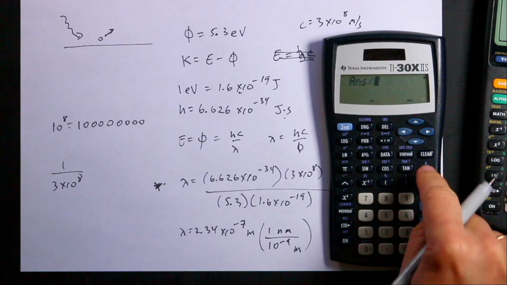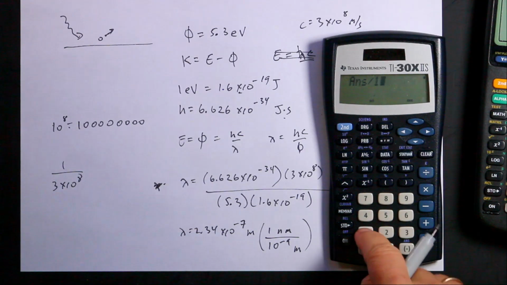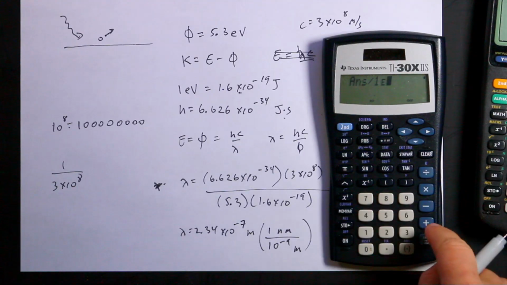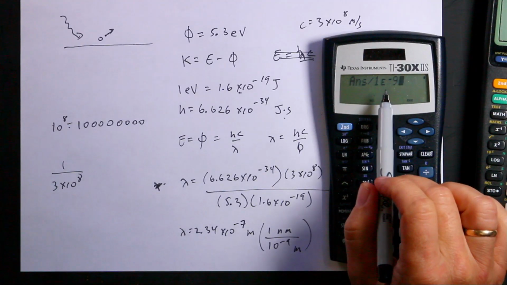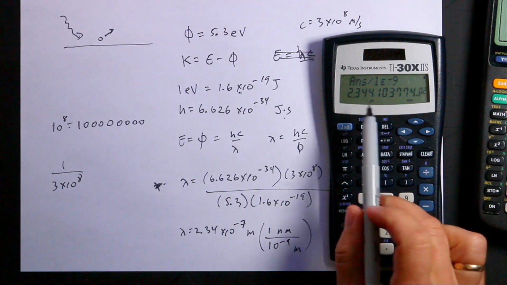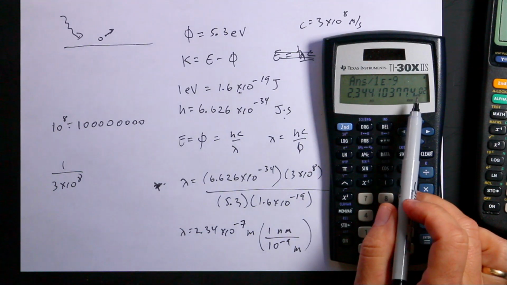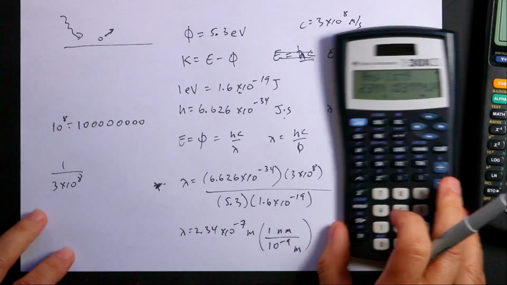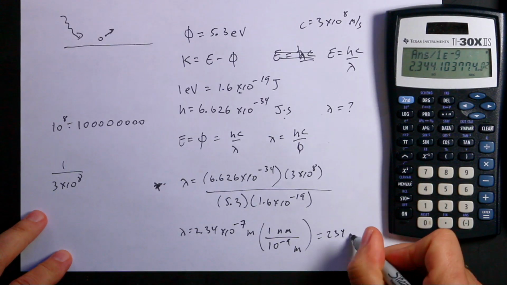So I could do 10 to the negative 9th, but if I want to do that in scientific notation, it's going to be 1 scientific notation negative 9, because that E has the 10 in there. So this is 1 times 10 to the negative 9th. And I get 2.34 nanometers, or 234 nanometers. So this is going to be equal to 234 nanometers.